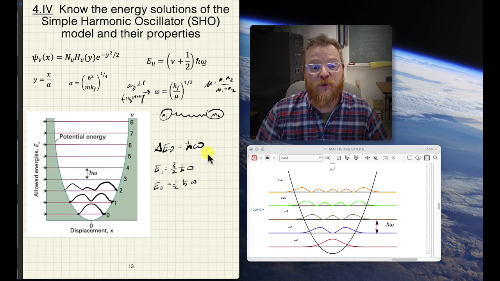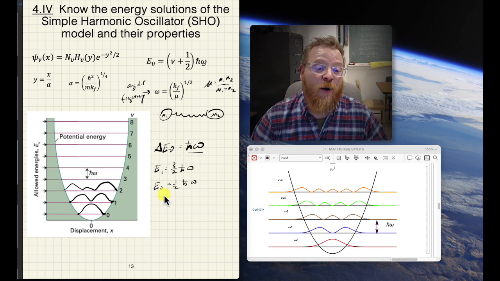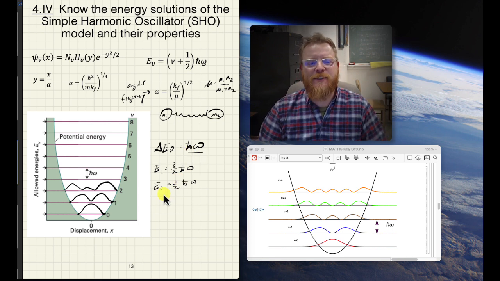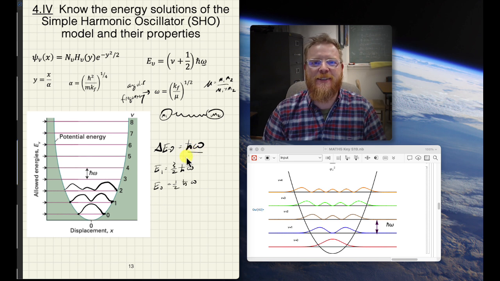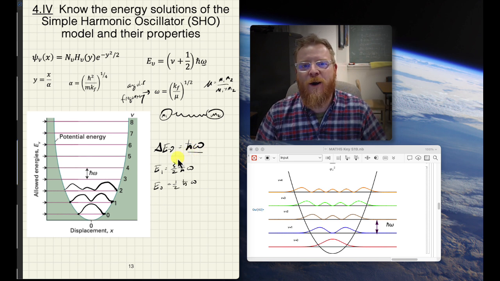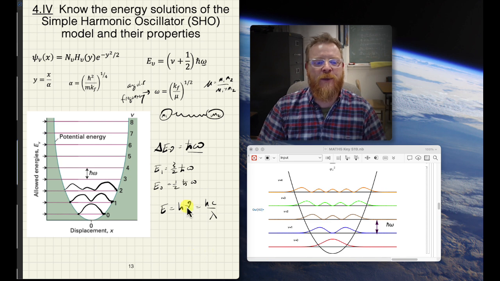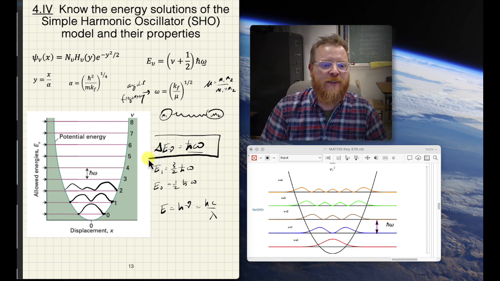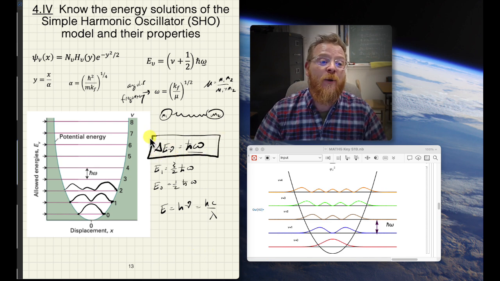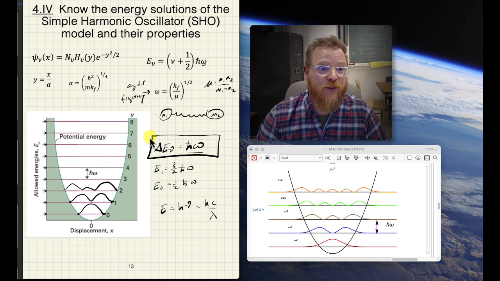So if I subtract those two, I just get h bar omega. And this is a really cool solution because it has the same form as our regular old energy equation, E equals h nu, which equals hc over lambda. So this is pretty awesome that for such a complicated problem, we got such a simple solution.